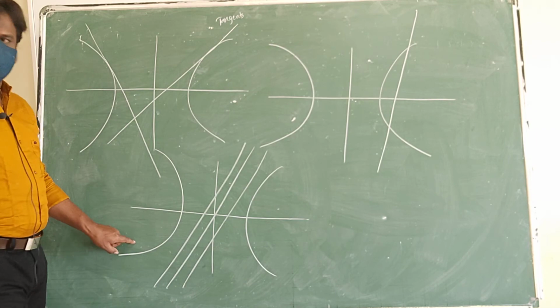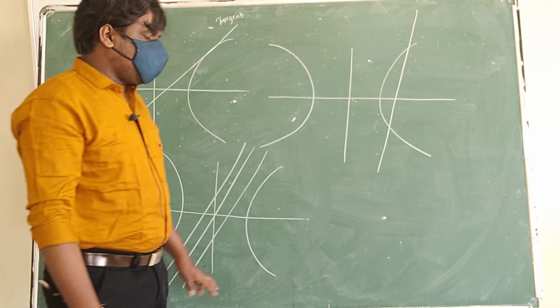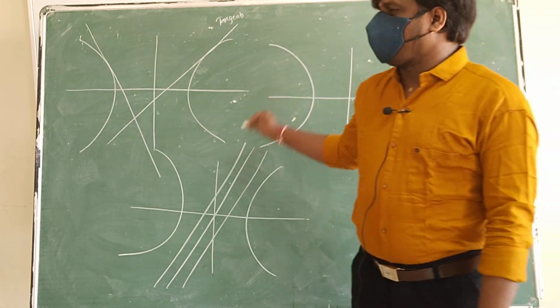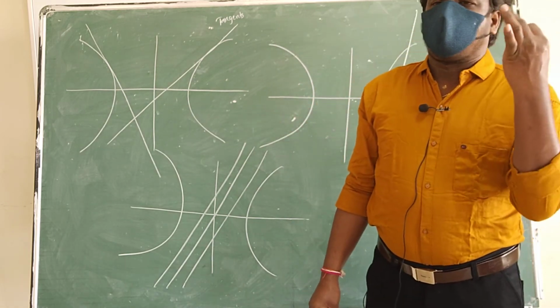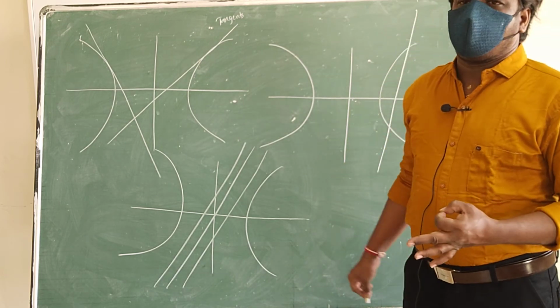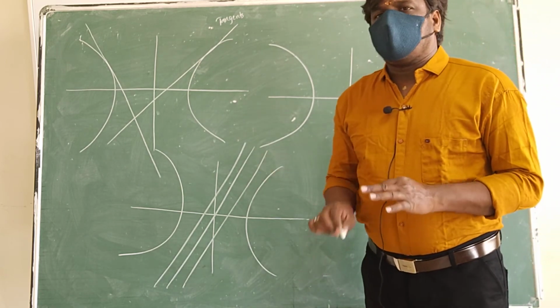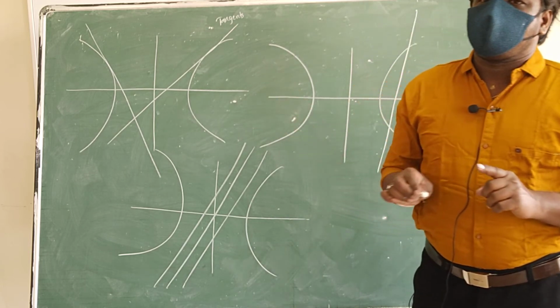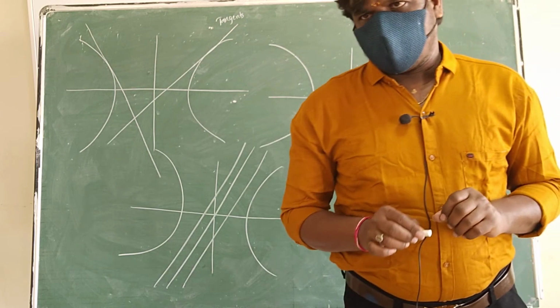It will not cut or touch the hyperbola. So the line can be three things. For the given hyperbola, a line can touch the hyperbola, a line can intersect the hyperbola, or a line neither touches nor intersects. The one which touches is the tangent.